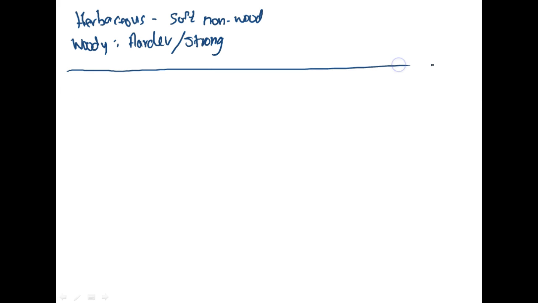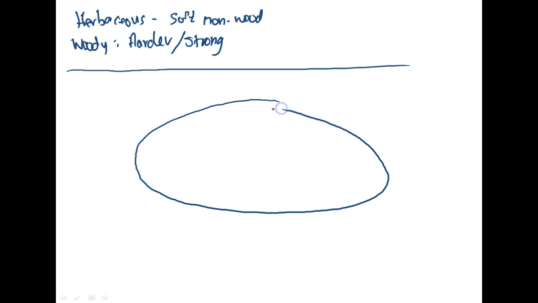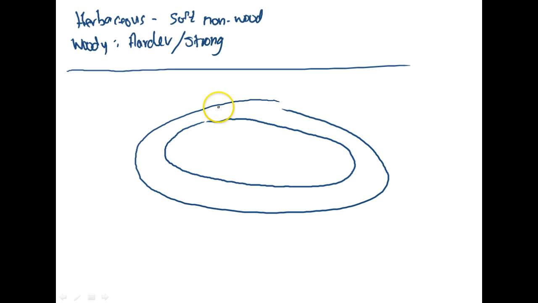Now, if you were to take a cross-section of a leaf, so if we were looking at not a leaf but a stem, what we would see is that on the very, very outside there is a region that is called the inner bark. And that inner bark, outer bark.